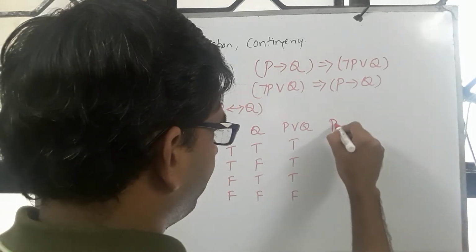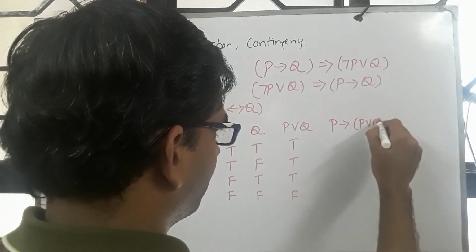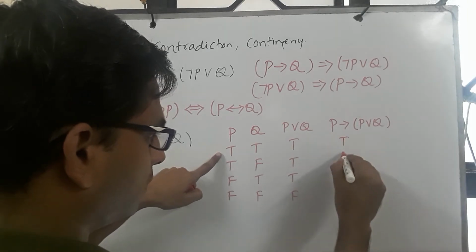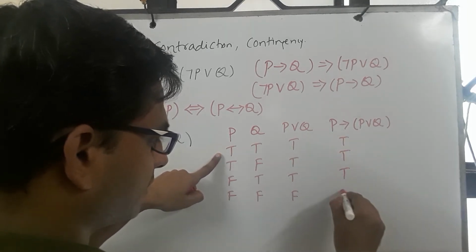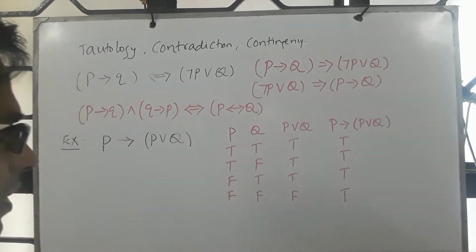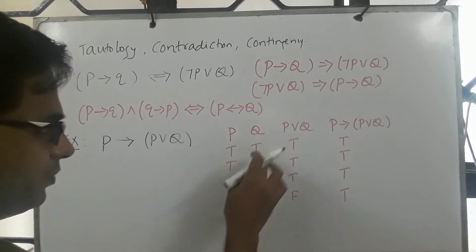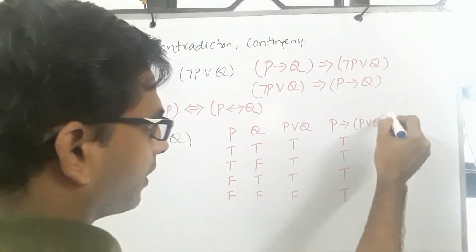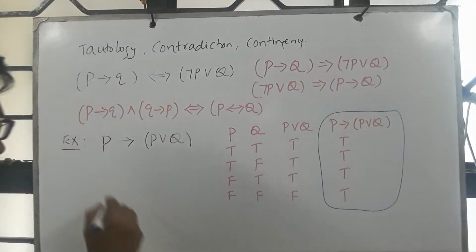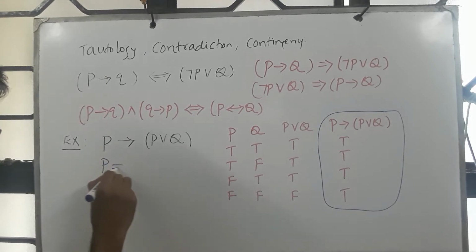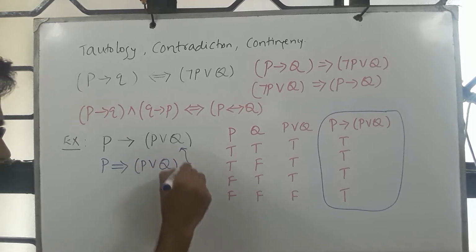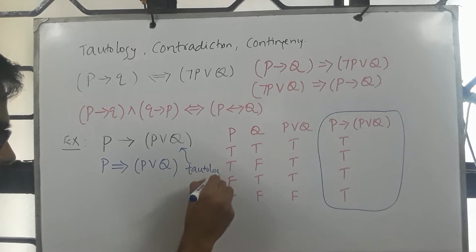So P implies P or Q. So this one is true, this one is true. When the premise is false, the statement is true. So this shows that for all possible values of P and Q, the expression is evaluated to true, which means P implies P or Q is a tautology.